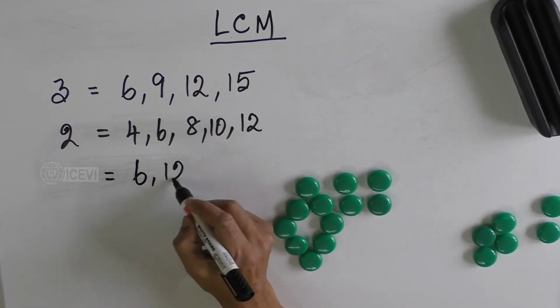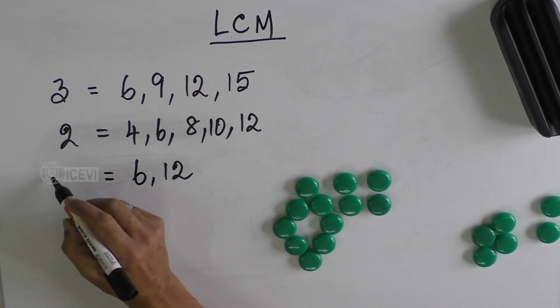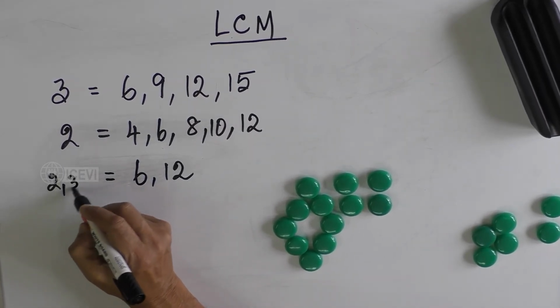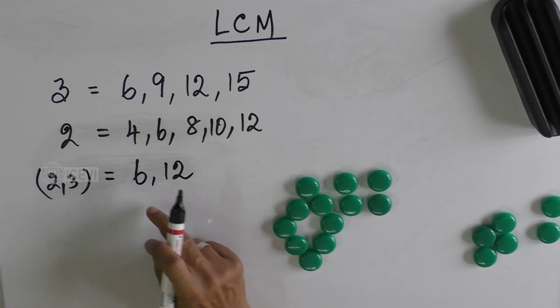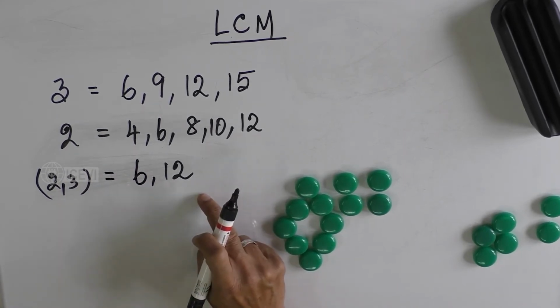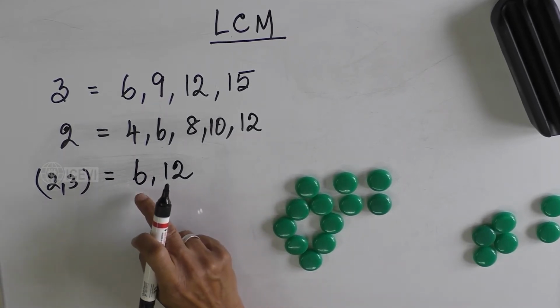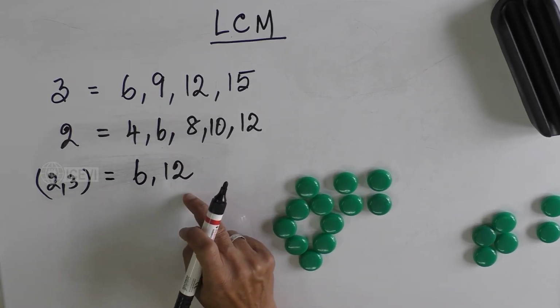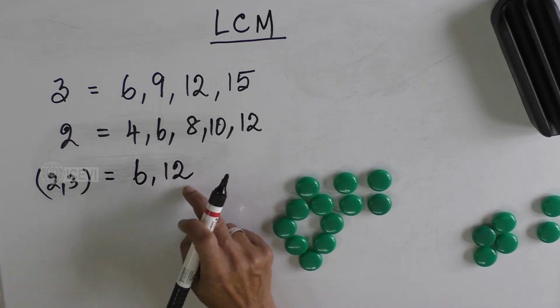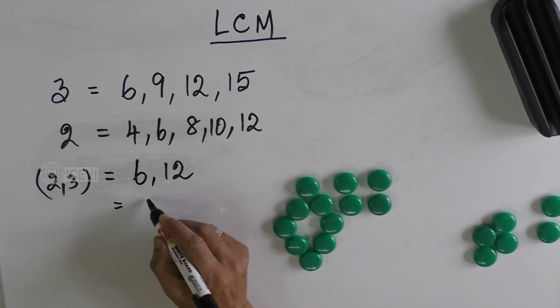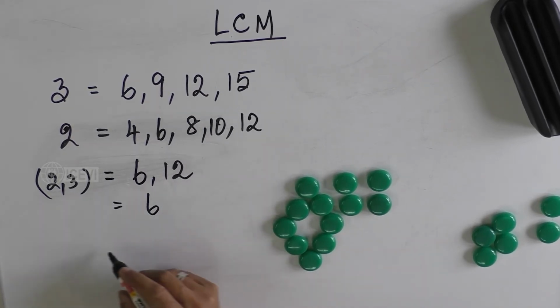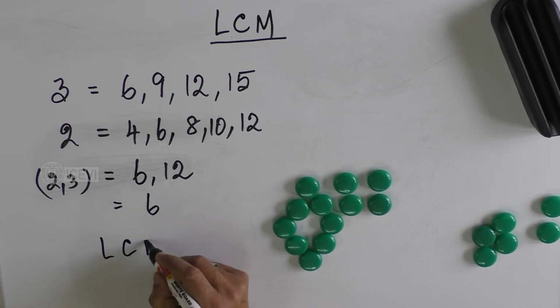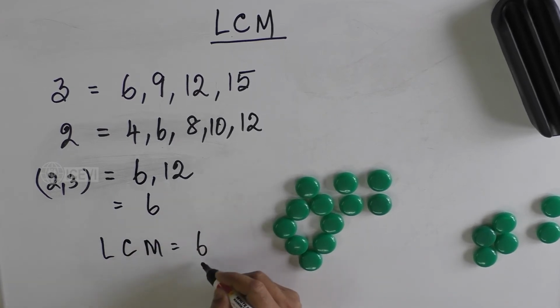So for the numbers 2 and 3, we have two common multiples here, that is 6 and 12. So for the least common multiple, you have to take the least among the multiples. That means the least common multiple is 6. That is LCM is 6.